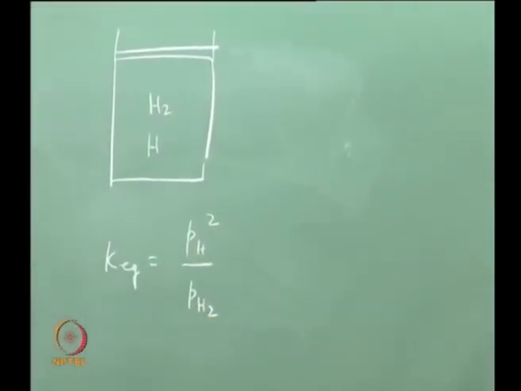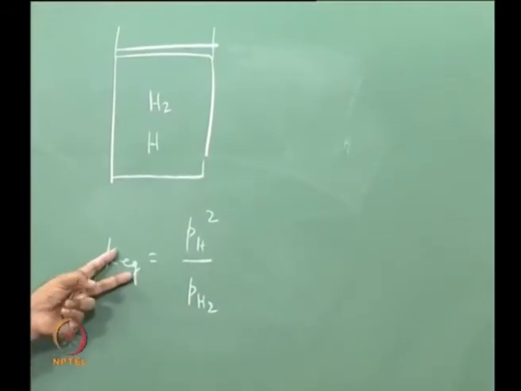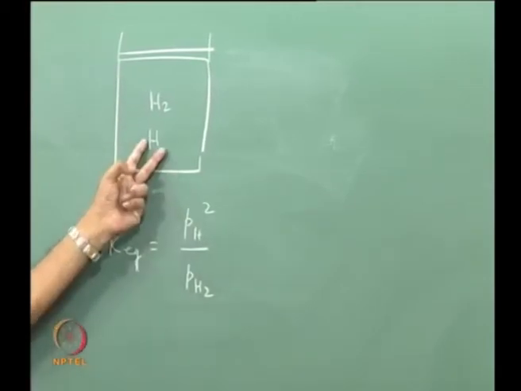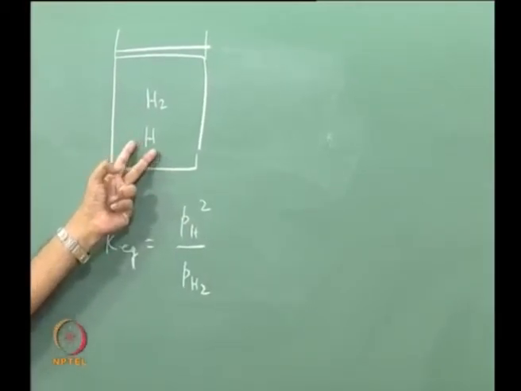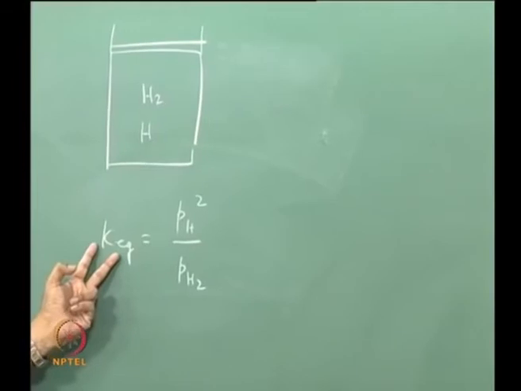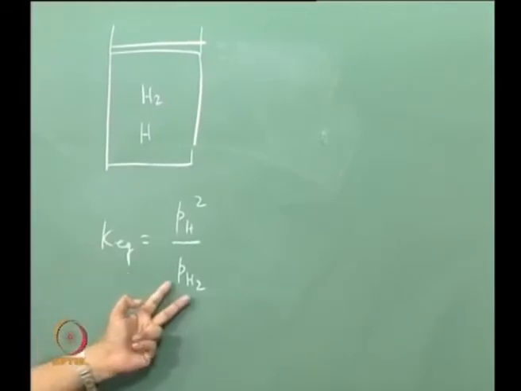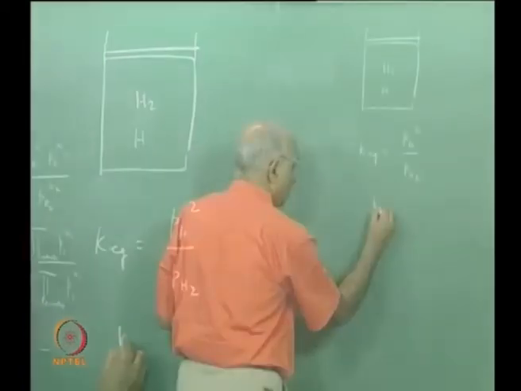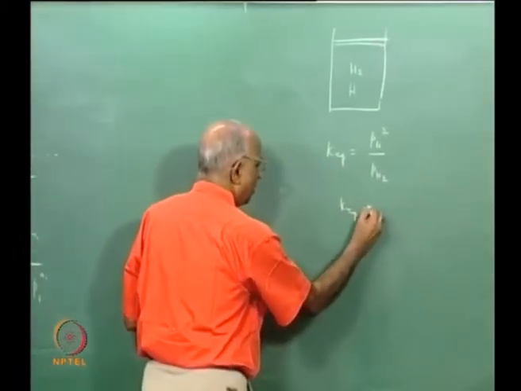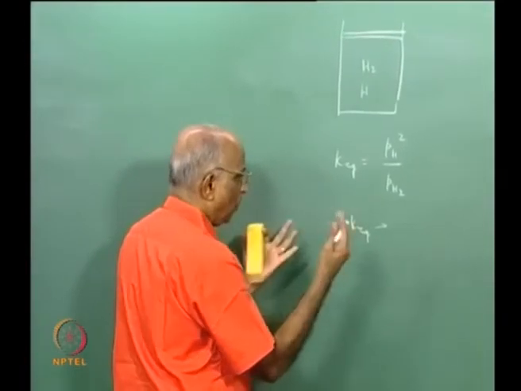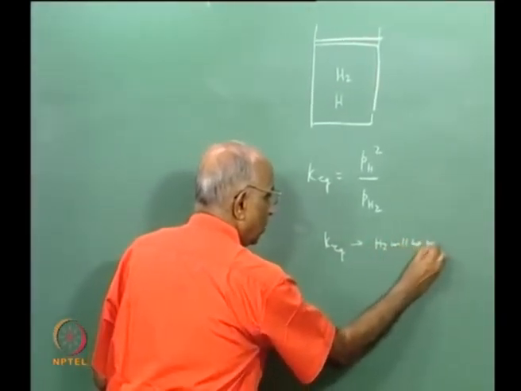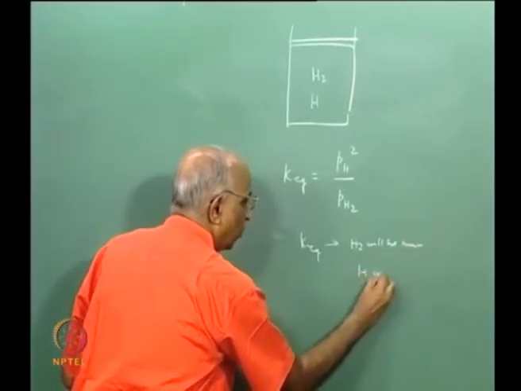What do we find from this? If the equilibrium constant is a large number, then dissociated species will be higher. If the equilibrium constant is a very small number, then the denominator will be a large number. That means equilibrium constant gives me immediately a view of whether H2 will be more or H will be more.